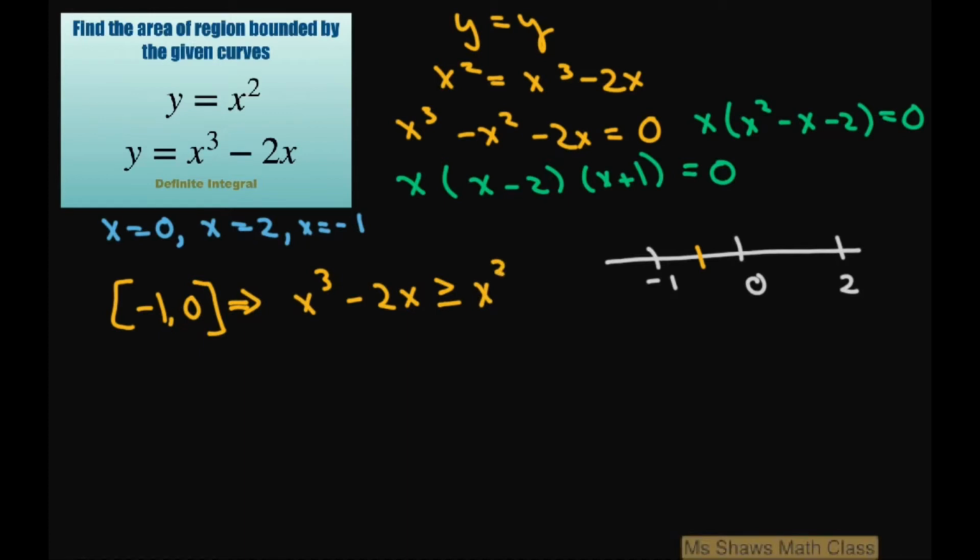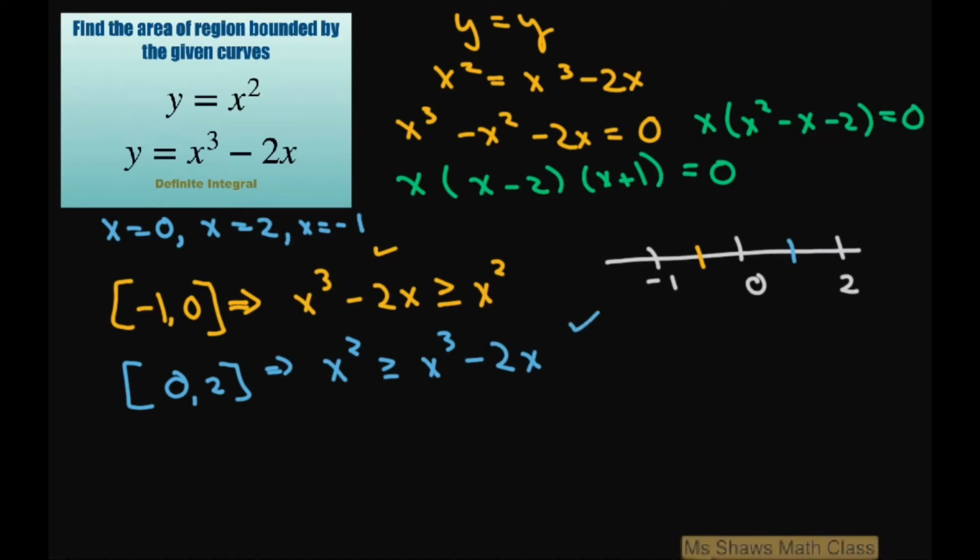Now let's look at from 0 to 2. If I substitute in, say, 1, then my x squared is going to be greater than or equal to x cubed minus 2x, because that would be 1, and this would end up being a negative number.